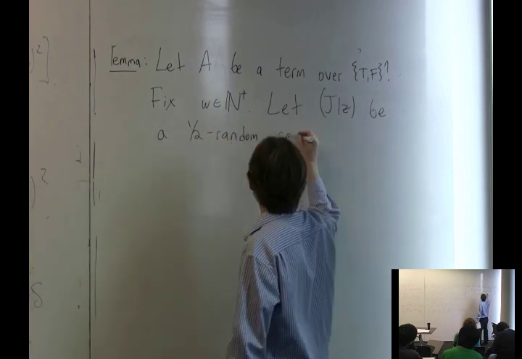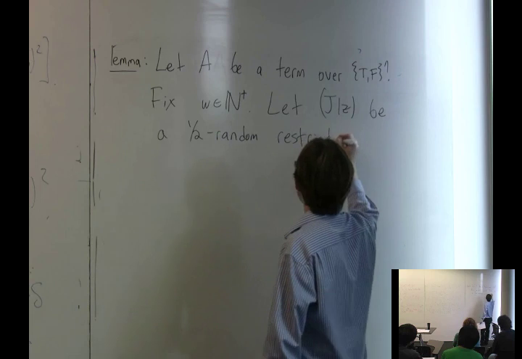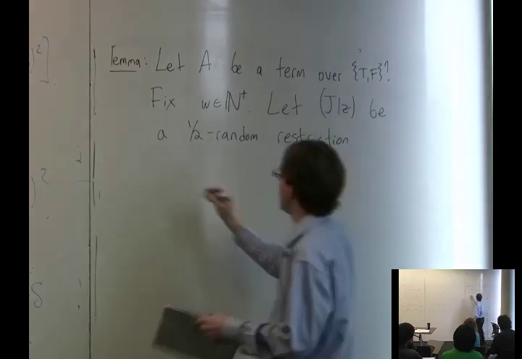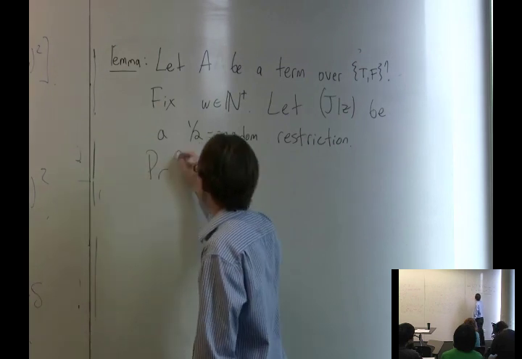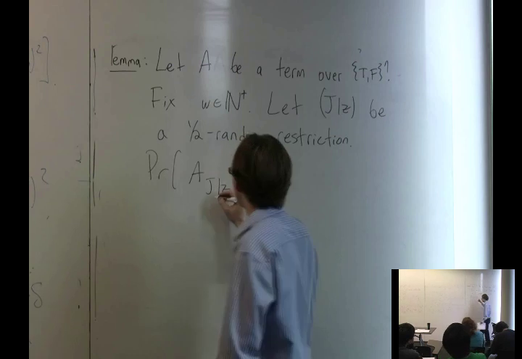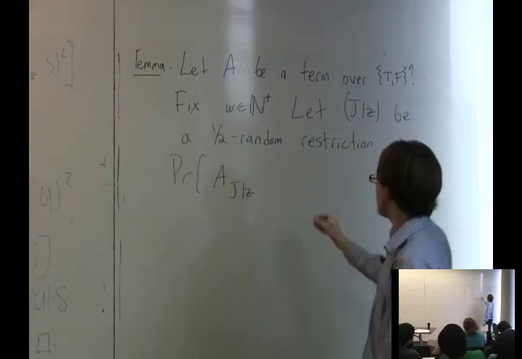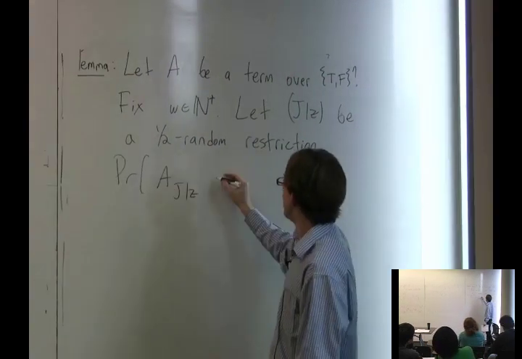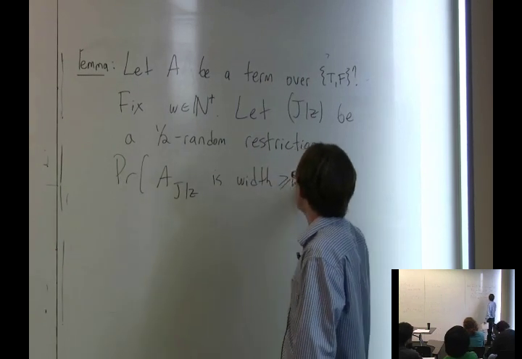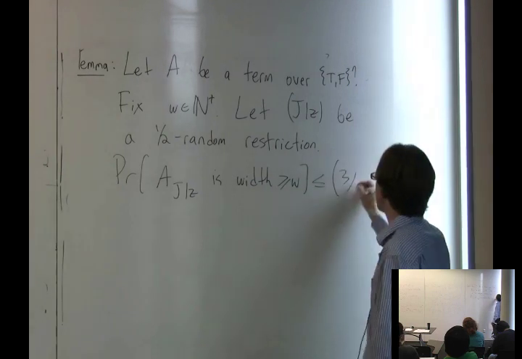So about half the coordinates get set, and about half the coordinates remain free. Then the probability that A, when you apply this random restriction, actually the notation I'm going to use here is not so great, but you'll understand what I mean, has width greater than or equal to W is very small. It's at most 3/4 to the W.